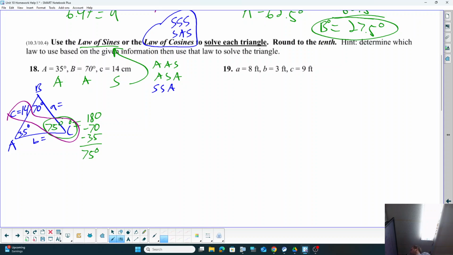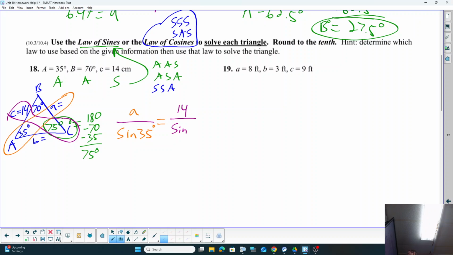Okay, so we're going to try little a. So little a over big A. Little a over sine of the angle, big A, 35 degrees, is equal to, and now we can go ahead and use C with C. The side length goes on top in this case, because we're trying to find the side length.